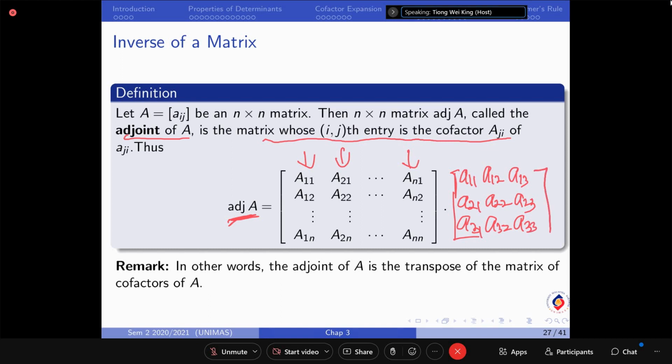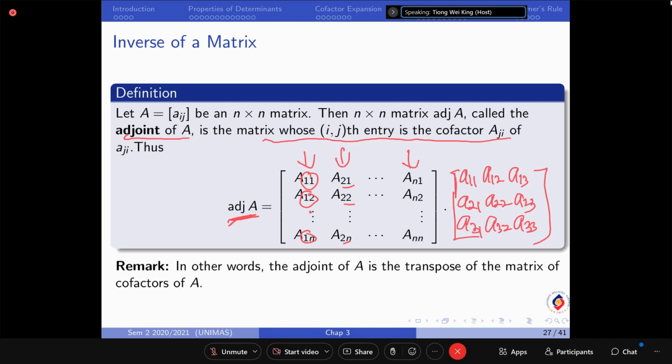So for a 3 by 3 lah. But for adjoint, adjoint is the transpose. You see the A11, A12, until A1n, and then A21, A22, A2n. So you need to be careful here. When finding the adjoint, you need to do the transpose.